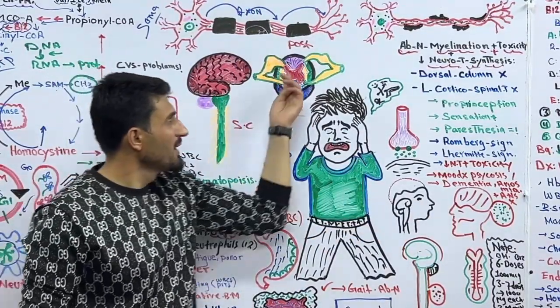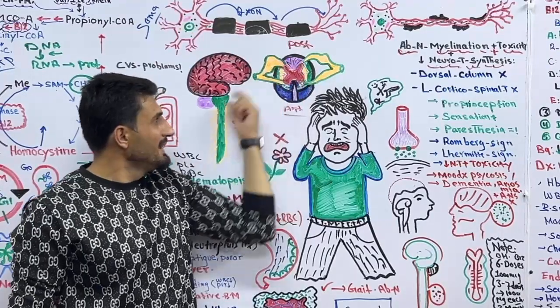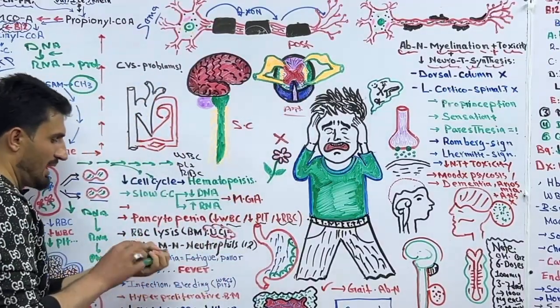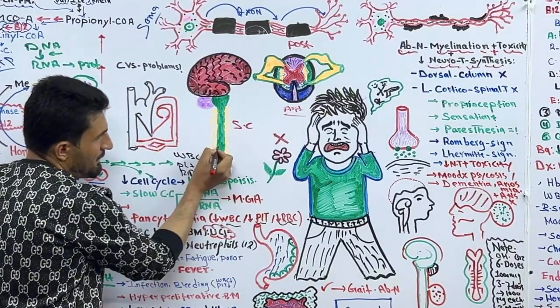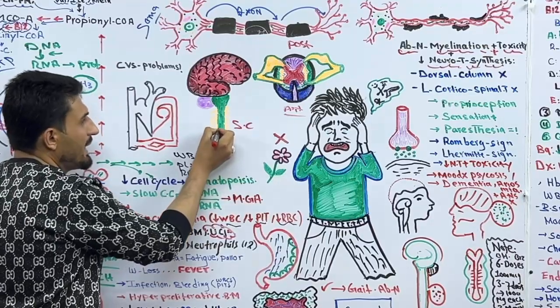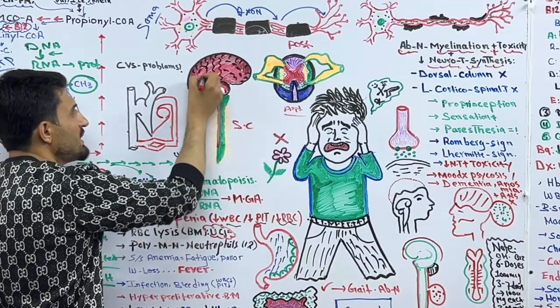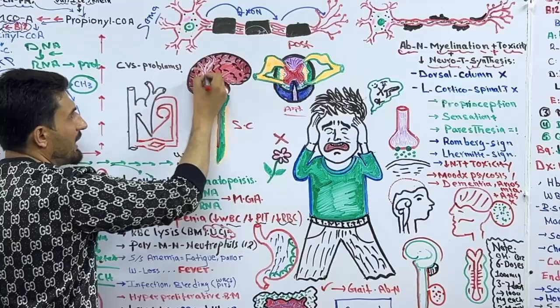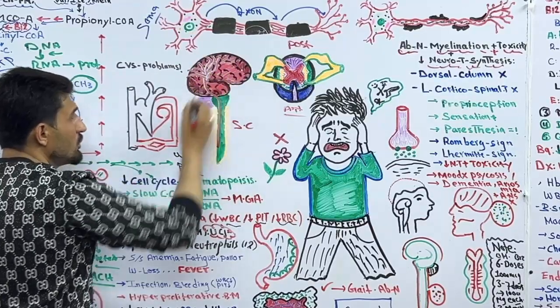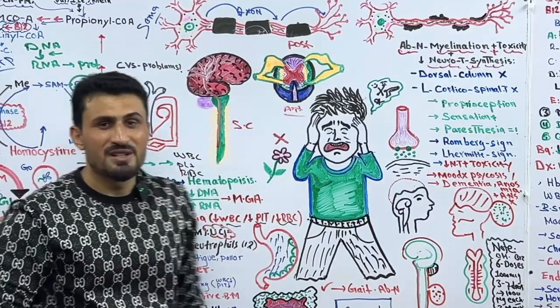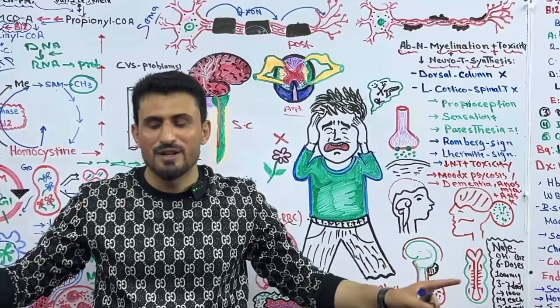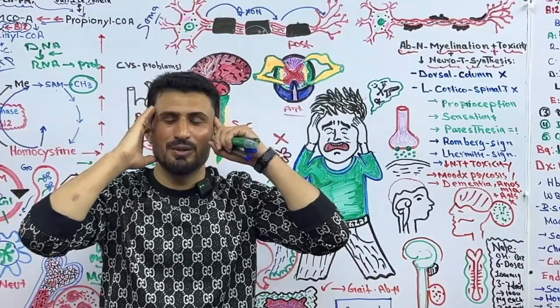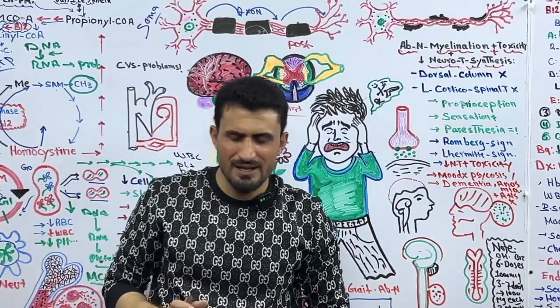Now, by the help of the dorsal column medial lemniscus pathway, we carry important sensations to the brain, and also we carry proprioception from our different organs to the brain. Do you know what proprioception is?